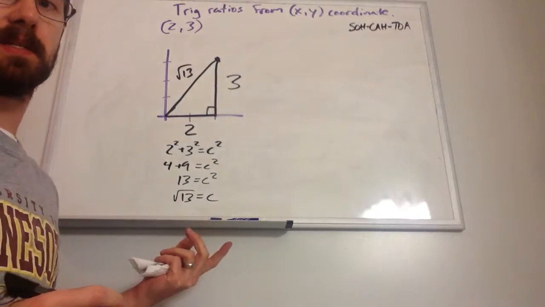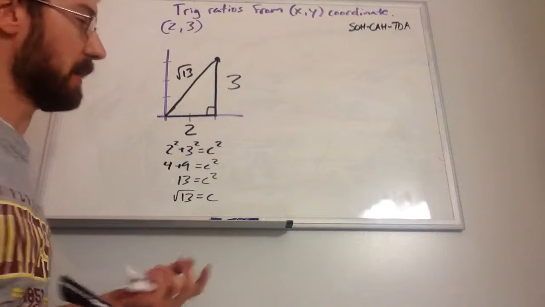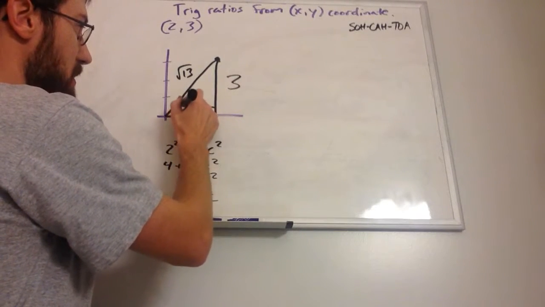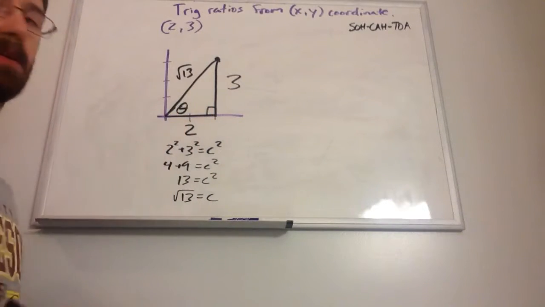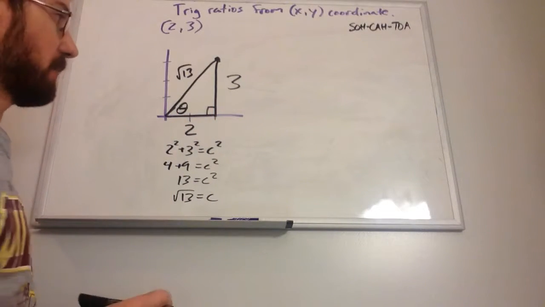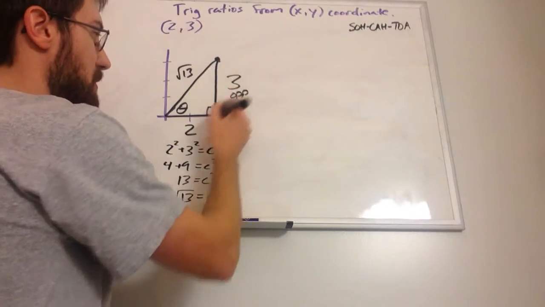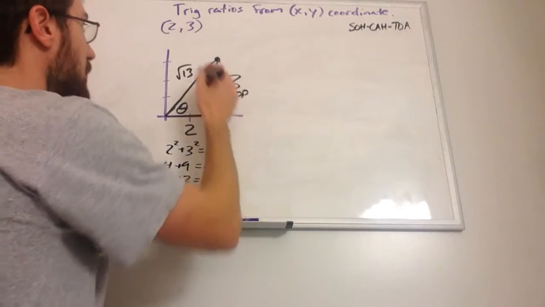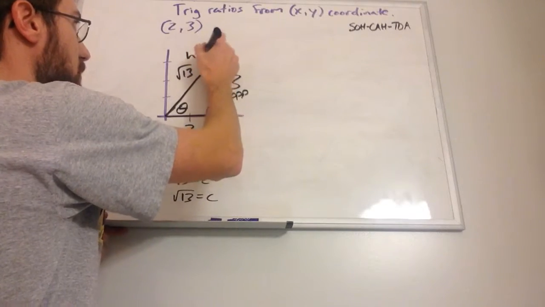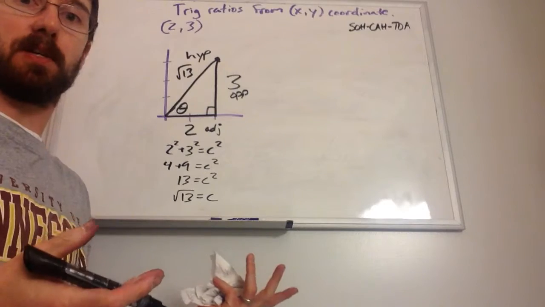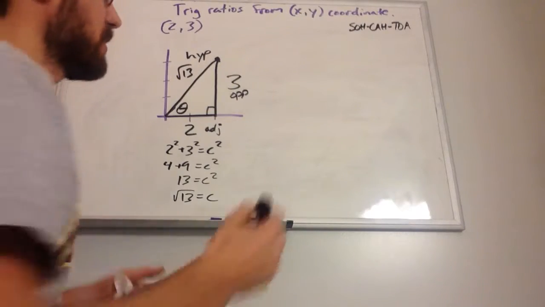And we want to keep these in simplest radical form if we can. Now, the angle in this diagram is always right here, closest to the origin, inside of that right triangle. Then we can fill in our opposite side, our adjacent side, and our hypotenuse. So now I can see how I can use SOHCAHTOA to figure out these different trig ratios.